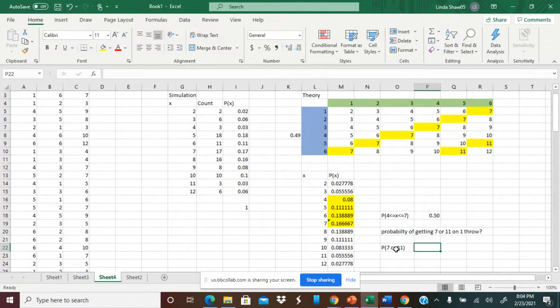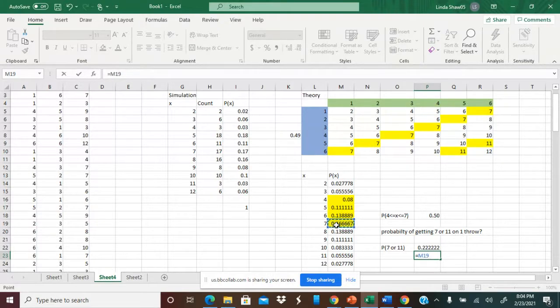Seven or 11 is equal to. And so you could just look at that and you could say that that is 8 out of 36, or you could go over and add up 7 or 11 numbers over there, and you get the same number, okay? So I just made up another problem, but I think that's a good problem to ask too.